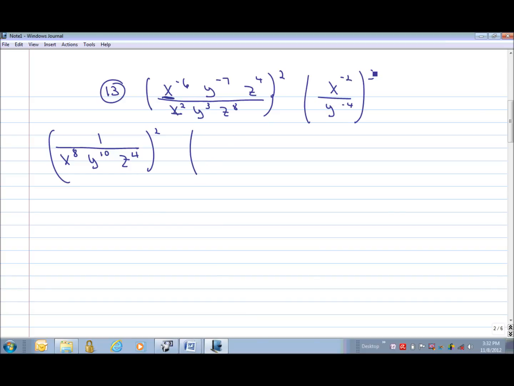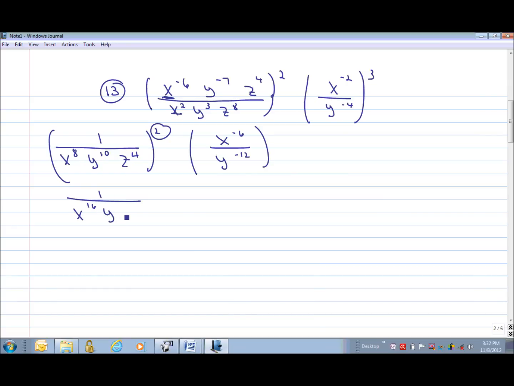If we raise negative 2 to 3, that would be a negative 6, so it would be x to the negative 6, and in the bottom it would be y to the negative 12. Over here, let's go ahead and take care of this next one. 1 squared, of course, would just be 1. We would have in the denominator 8 to the 2 times 8, which is 16.